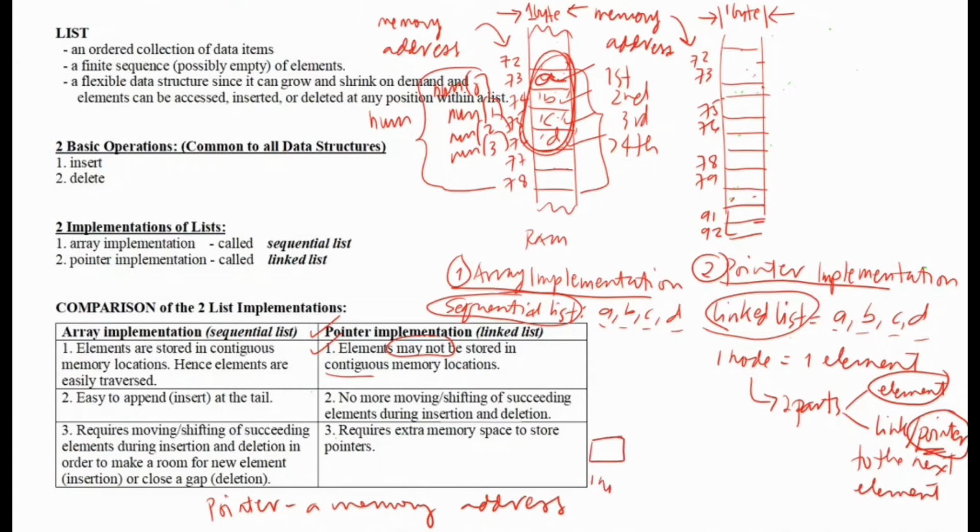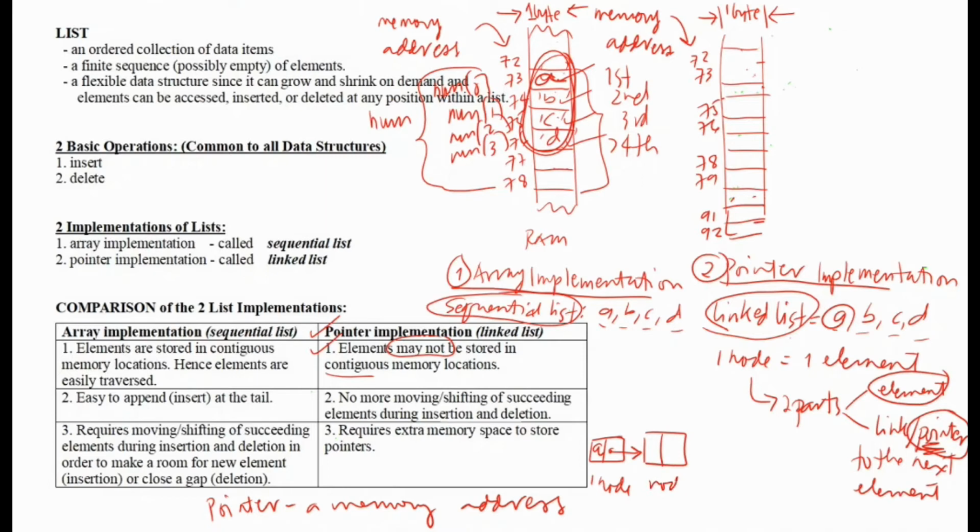So we could think of a node as this one here. This is one node. The first node is containing element A. So this has two parts. This is A, and the second value is a pointer to the next element. So this is like a link pointing to the next node.